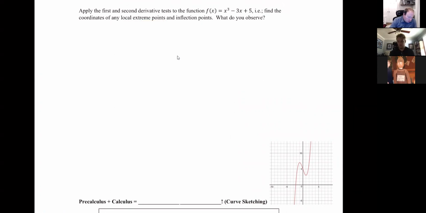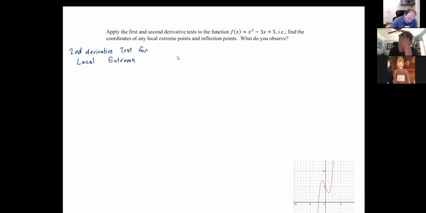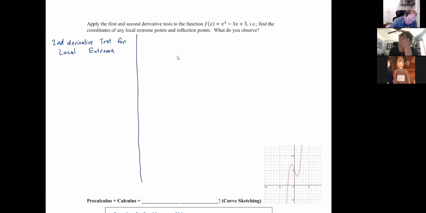So again, there's 3 tests. Let's go ahead and first start by doing the second derivative test for local extrema. So this is the one I just talked about. The one at the beginning of this lesson, I'm going to go ahead and just kind of break this page up into 3 pieces.